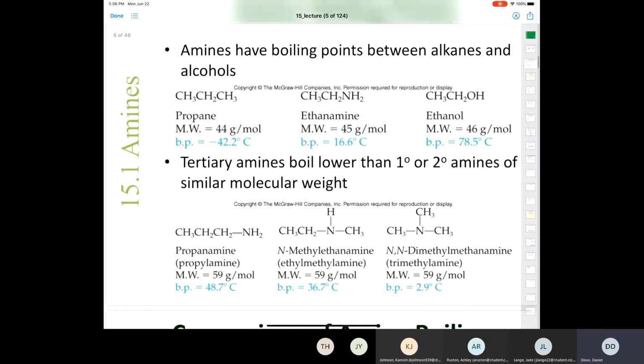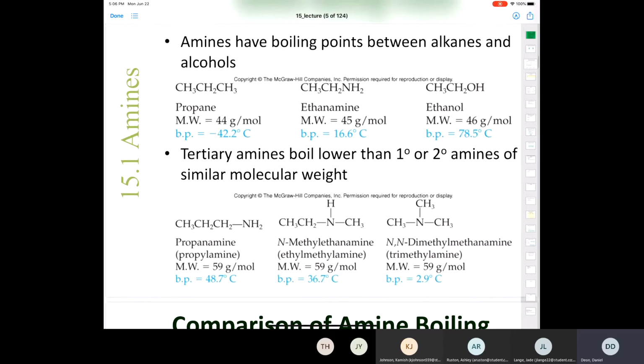Then what else? In my video, I spent quite a bit of time talking about boiling points, and that amines have boiling points somewhere between those of alcohols and alkanes. And again, we say, okay, something like propane has no hydrogen bonding. It has no dipole-dipole force. The only intermolecular force that propane experiences are London forces, which are the weakest of all the intermolecular forces.